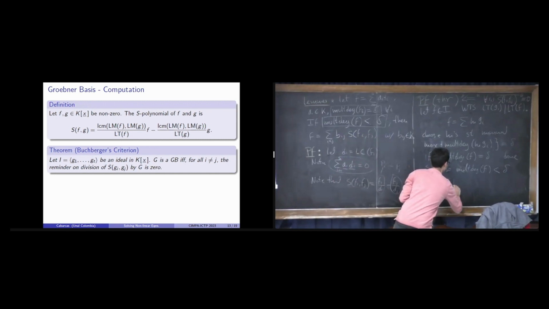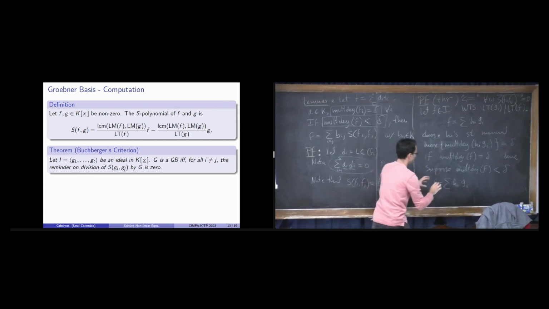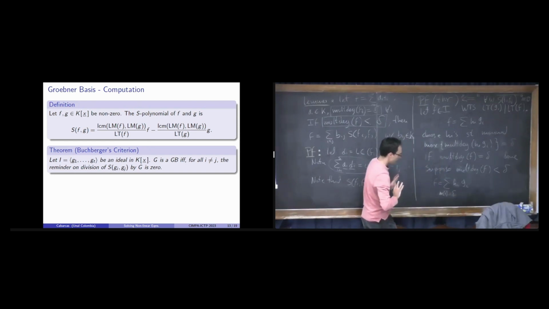So we can look at only those in which the multi-degree, which I'm going to give a name, m_i, is exactly delta, and the ones that are less than delta.